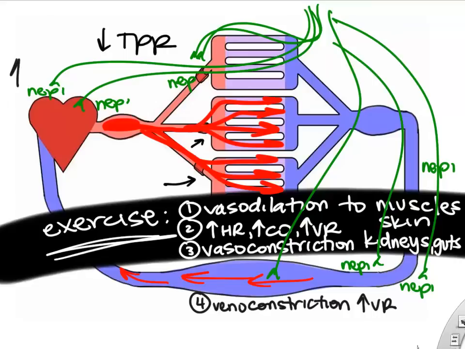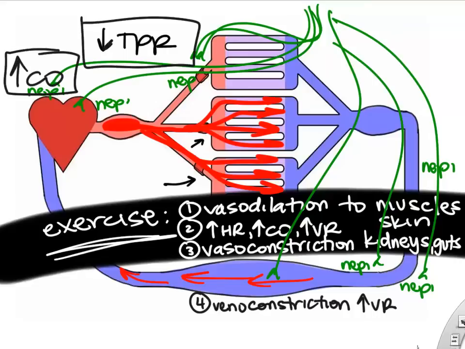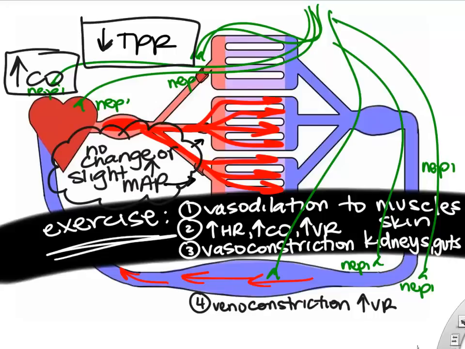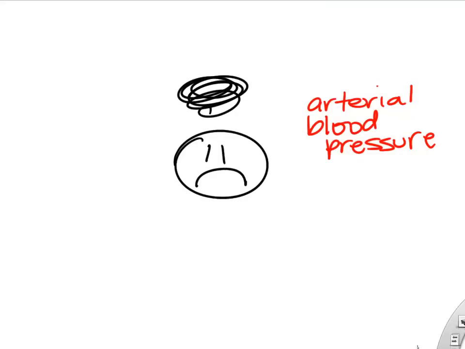So actually, when you exercise, your blood pressure may not go down at all. It may actually go up or maybe not even change. Because your TPR went way down, but your cardiac output went way up, there's not a large change in your blood pressure when you exercise.